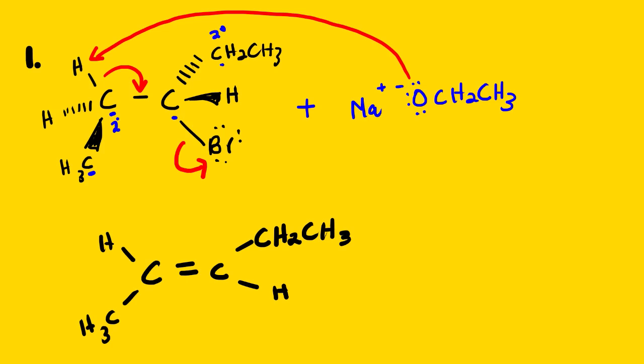So you can see the difference between E1 and E2. Now looking at conditions of E2, one of the important things is to know that it requires a strong base. And the reactivity is not the same as SN2, but it is the same as the SN1 and the E1.